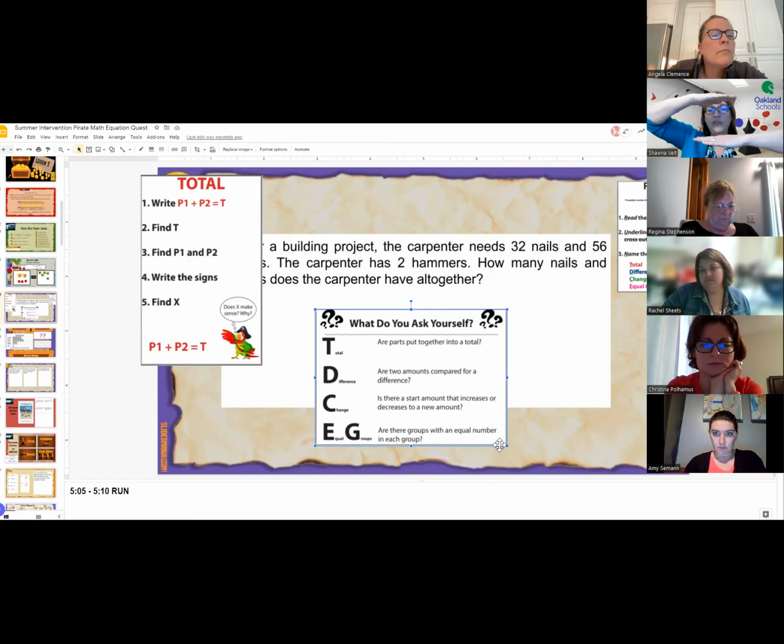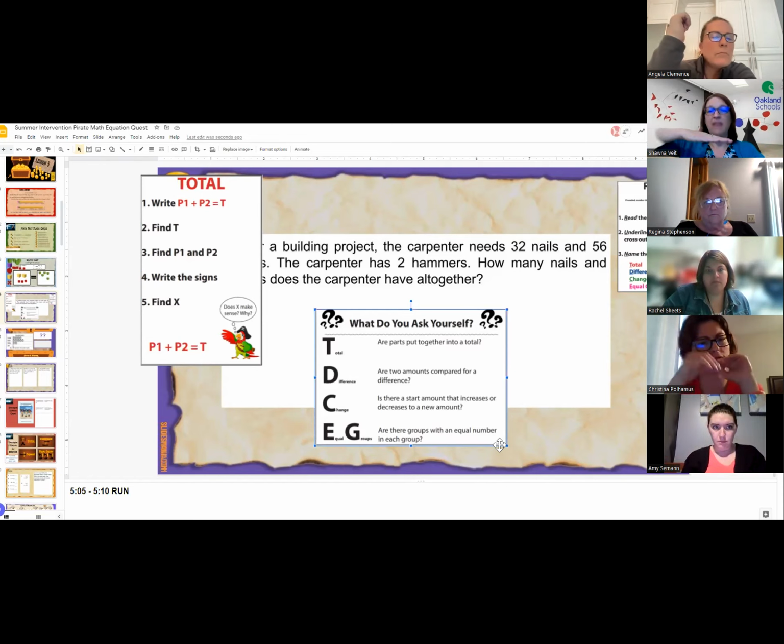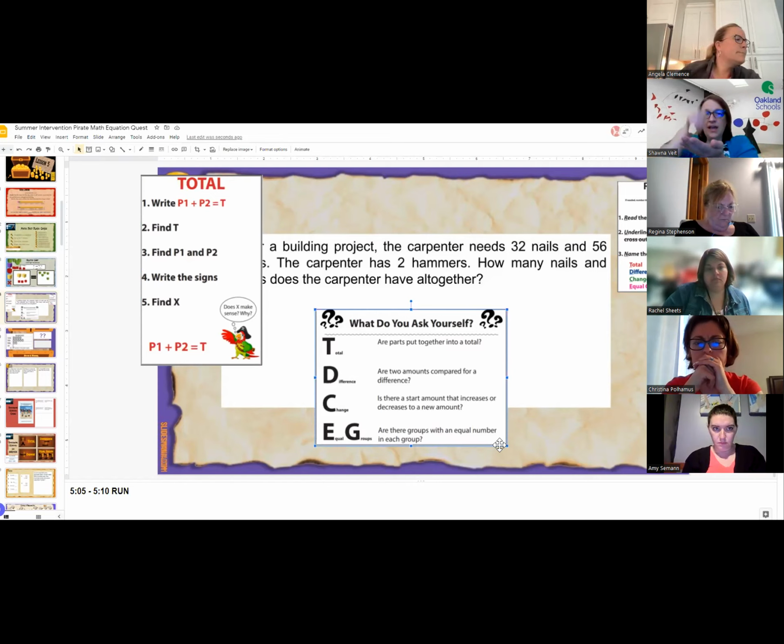That's a key part of a difference problem, is that we have 2 different amounts for a difference. The change problem is one thing that's going up or down, or getting bigger or smaller. And that really helps kids narrow in on that. And then when we think about equal groups, do we have something that we see again and again, the same group? That's where we're looking for the equal group schema.